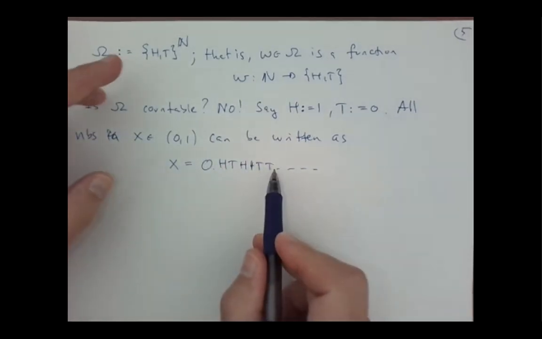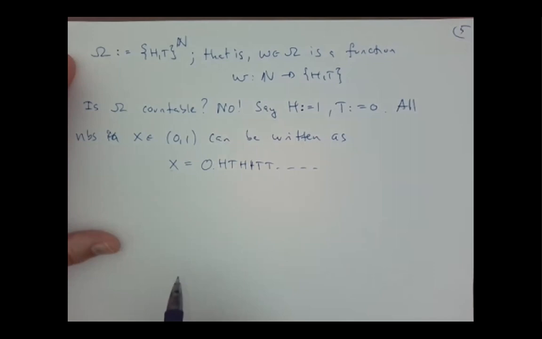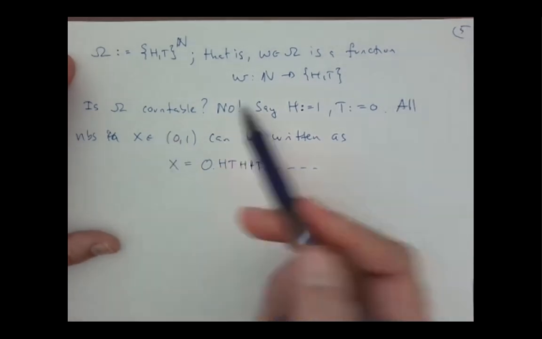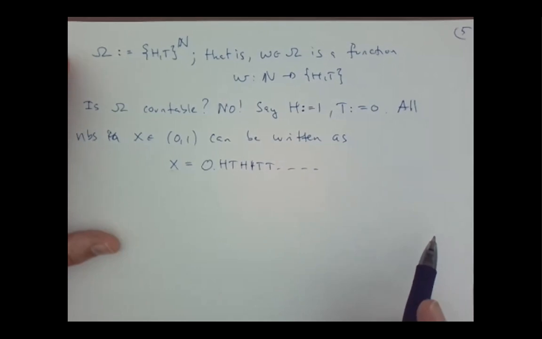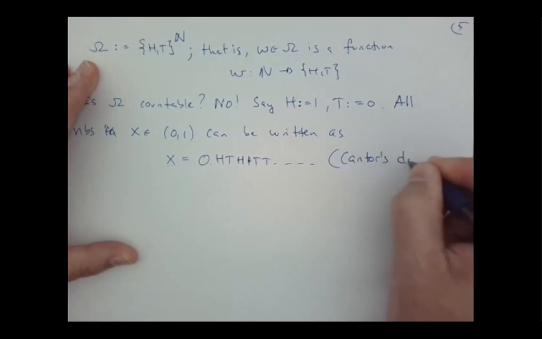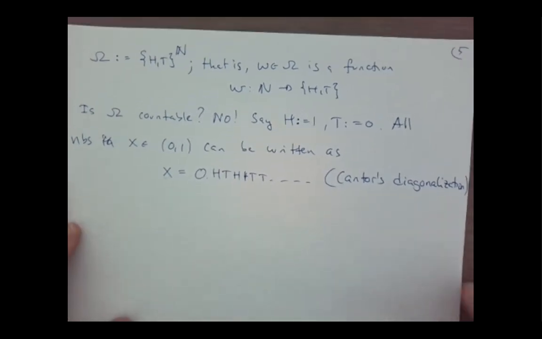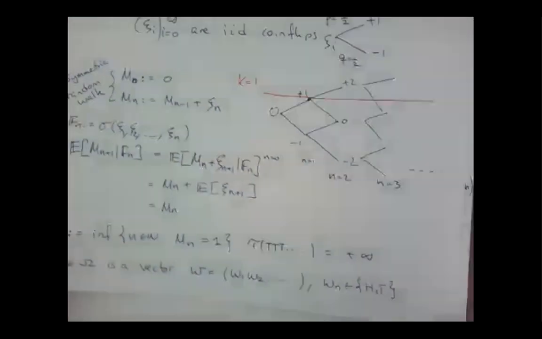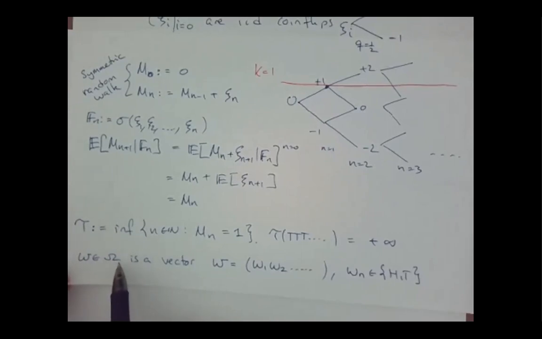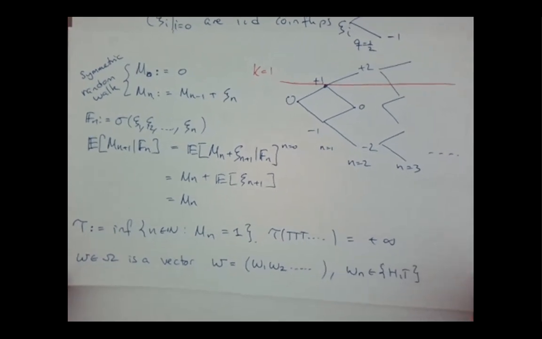Such a string is in one-to-one relationship with something inside omega. But on the other hand, this x is something between 0 and 1, and the interval 0 to 1 is not countable. You can also look up Cantor's diagonalization if you want to find a more precise argument. But what it means is that this set omega is a big set. It has uncountably many elements in it.